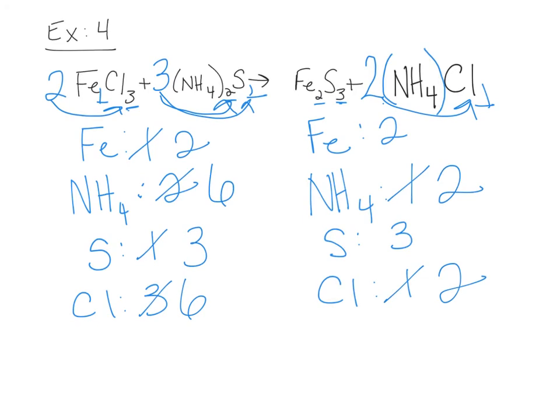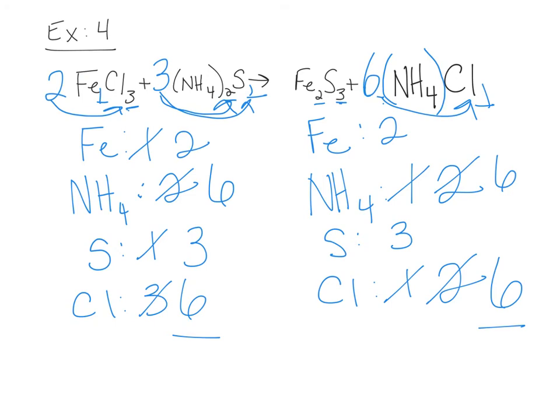Now that messed up my ammonium for my product side, so I'm going to need to change that because I have 6 ammonium on my reactant side. I'm going to need 6 ammonium on my product side. So that changes this to be 6, but it also changes my chlorine to be 6. And just by doing that, I was able to have my chlorines balance.